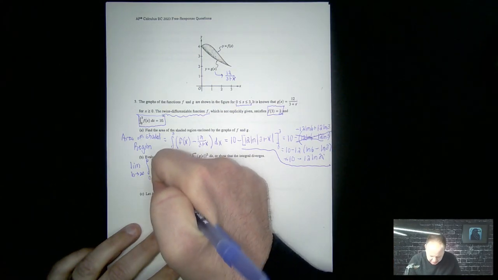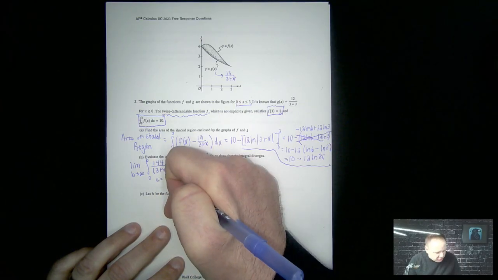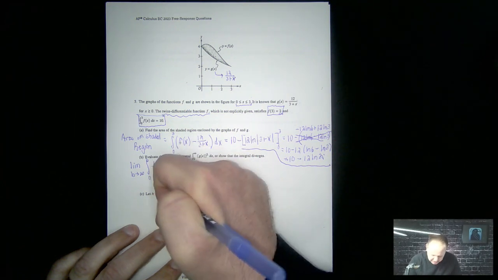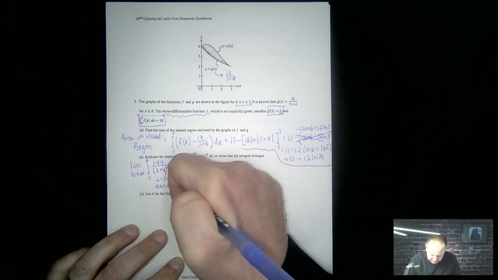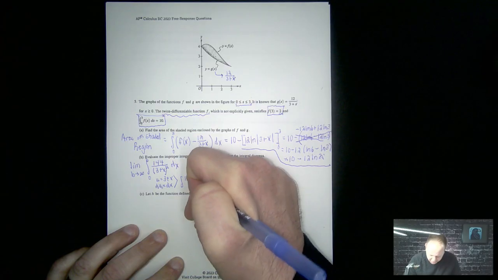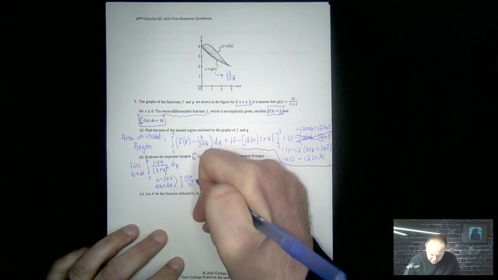I guess it's probably best to write this out. We're going to let u equal 3 plus x. My du would equal dx, which gives me the integral of 144 all over u squared du.